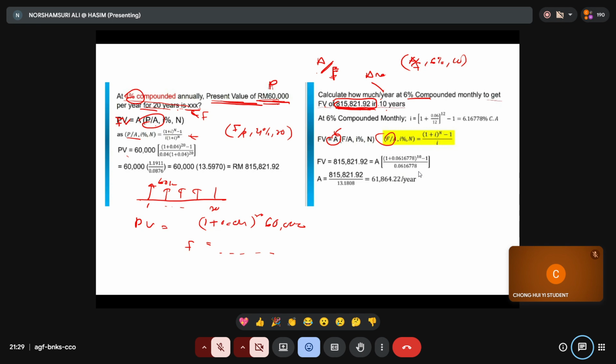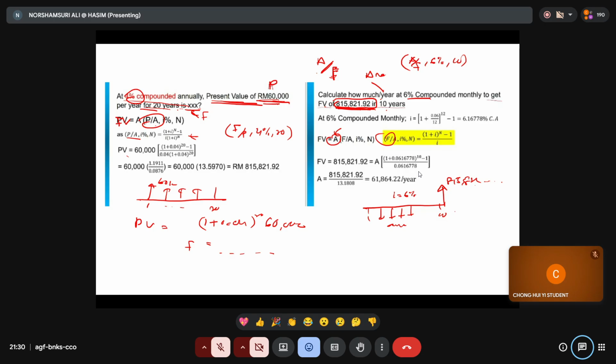A is the unknown. It's easy if you take 10 years, from one, and you already know the future value, and you want to see how much you have to pay every year, the annuity, with the interest rate given as 6%.